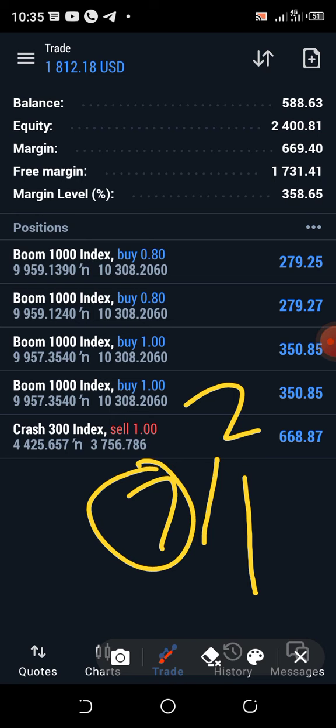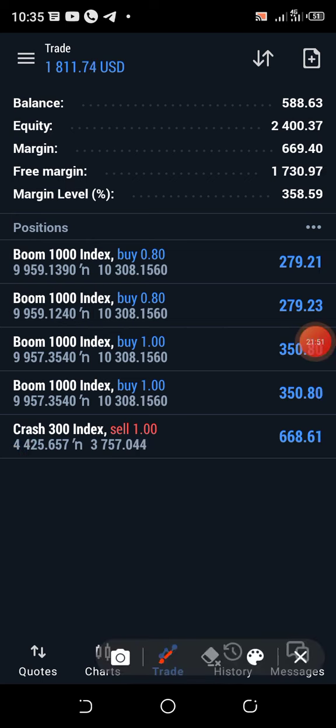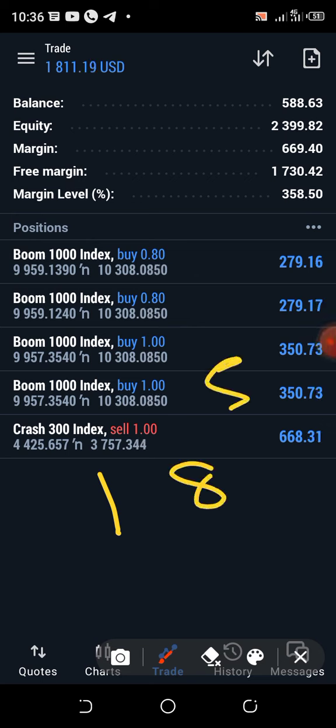Some of you are making the mistake of placing a trade, and it spikes like this, and you have something like $8. While it is approaching $5, you close it. Then you see another spike, you place a trade, and sometimes you watch it reach like $4, you close it.